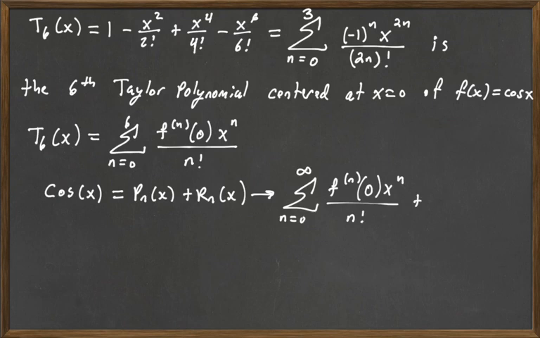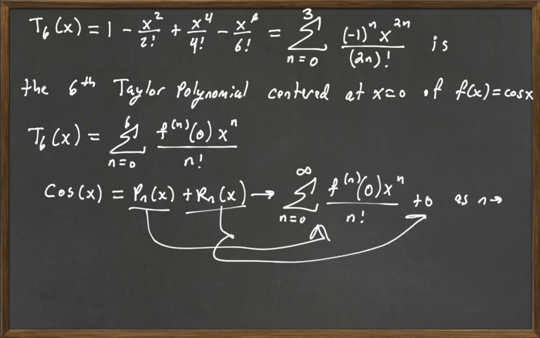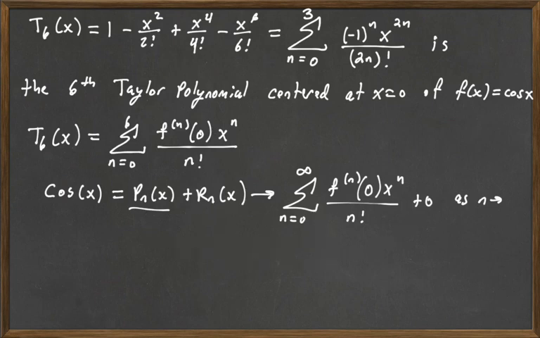And we showed previously that the remainder is going to go to 0, plus 0 as n goes to infinity. So here's your Taylor series, and here's your remainder going to 0 as n goes to infinity.